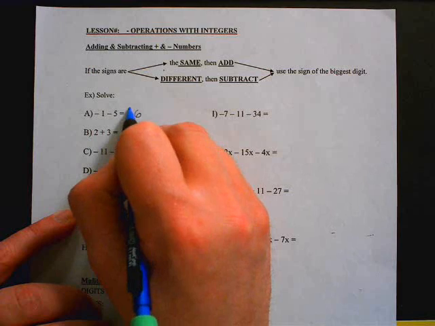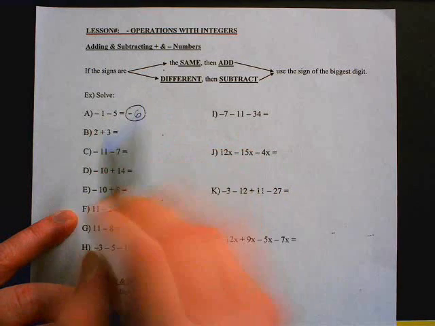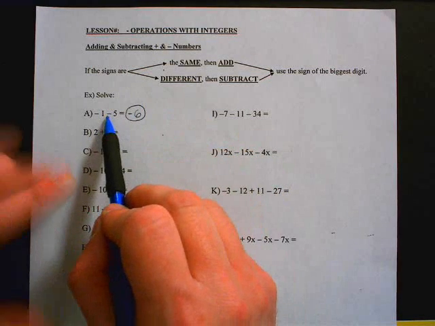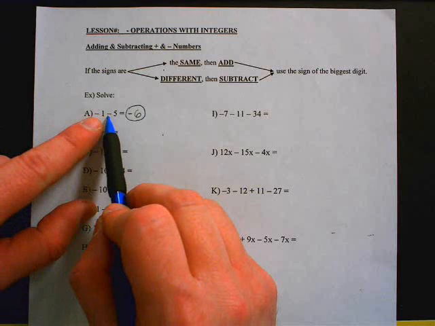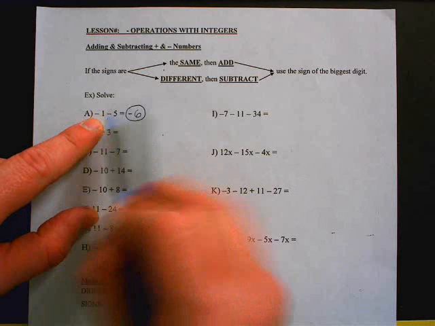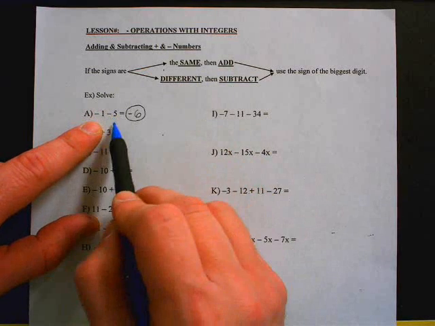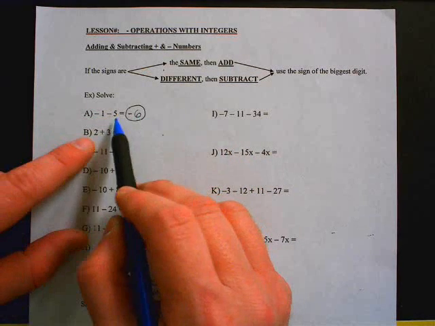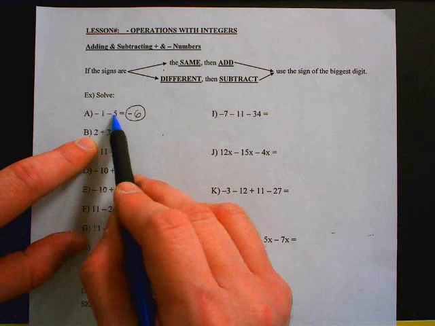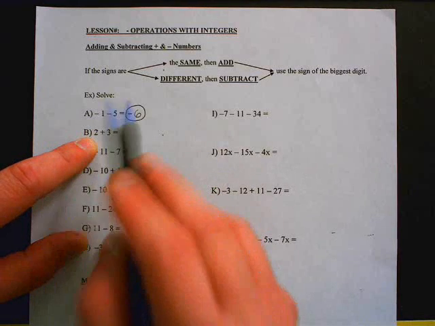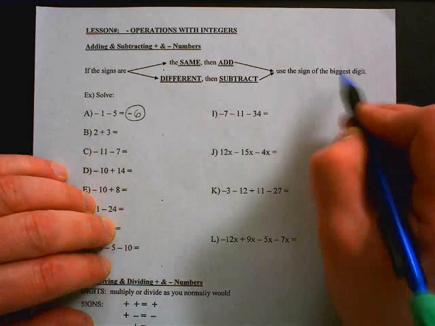Forget about adding and subtracting, just look at the signs. Are the signs the same or different? They're the same. And according to the rule, you add. So I add it. And you use the sign of the biggest digit. The biggest digit here is 5. I just want to clarify that I'm saying biggest digit and not biggest number.